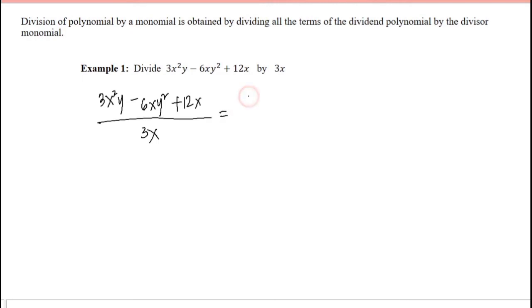So we would have here 3x squared y divided by 3x minus 6x y squared divided by 3x plus 12x over 3x.